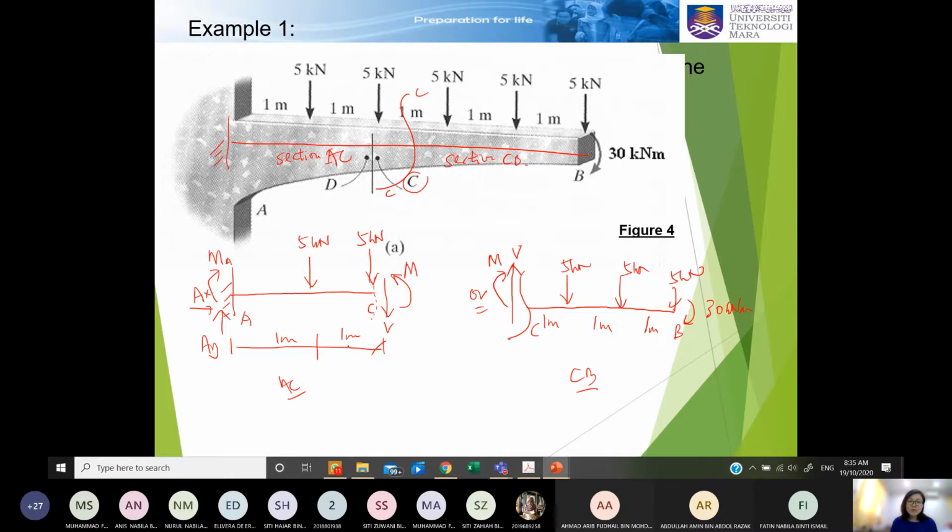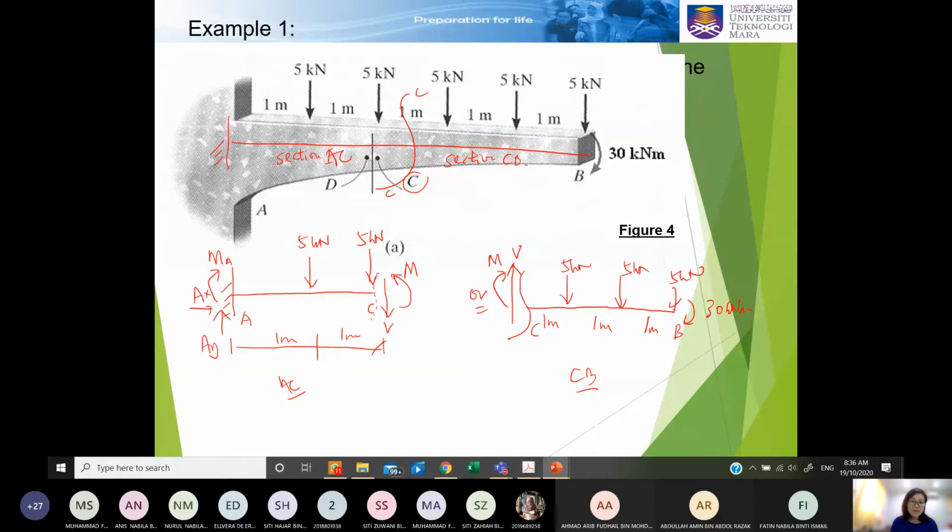Now you have these two free body diagrams. I have to show you how to draw them if you consider the right side and if you consider the left side. If you are more familiar, by observation you can directly choose the more convenient, easier section to solve.